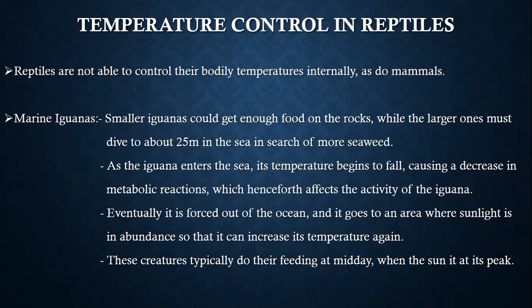Now, in the case of the iguana that has to dive into the sea, temperature will begin to fall, because the deeper you go, light and heat wouldn't really be reaching there. That is why you have marine snow.